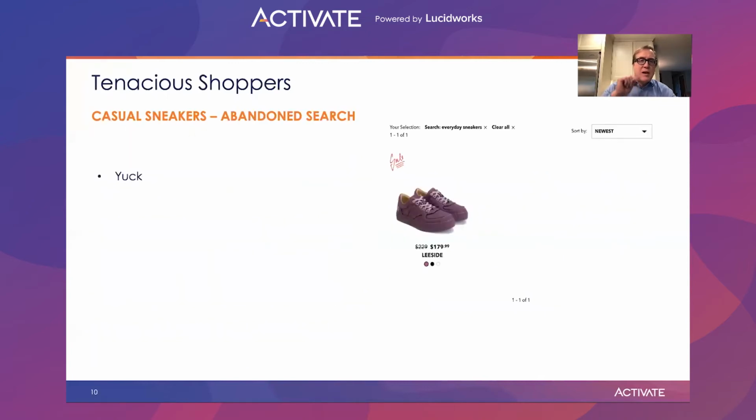So here's an example. Let's say I search for casual sneakers and I look at this result, one product, and yuck, I don't like it. But I'm a tenacious shopper. I'm not giving up on this retailer. Maybe I'm loyal for some reason, or maybe I've heard about something they have and I've figured that I'm just not looking the right way here.